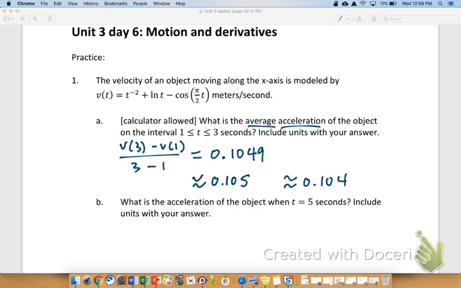Truncated just means you cut off the other stuff. Full credit, okay? If I gave this as my answer, not correct. If I gave this as my answer, not correct, okay? There's only 2 decimals to the right of the 0. So we'll practice this a little bit today, and I'll keep reminding you, but that's the standard.